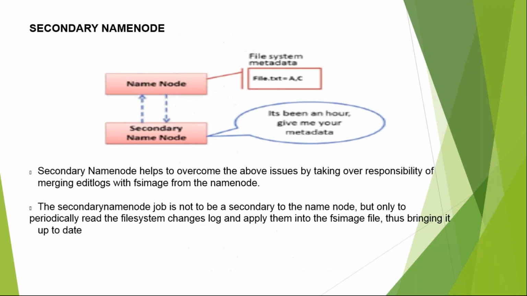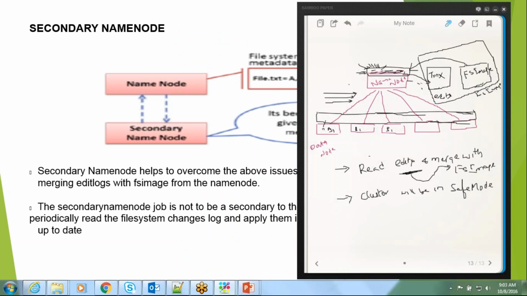Now, to solve the limitations of the name node, we introduced a machine called a secondary name node. Let me explain first, then I'll show you the slide. What is the secondary name node, and how will it solve the problem?